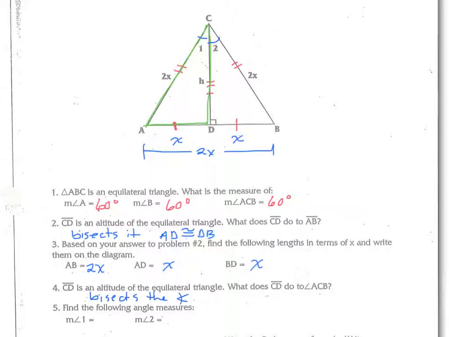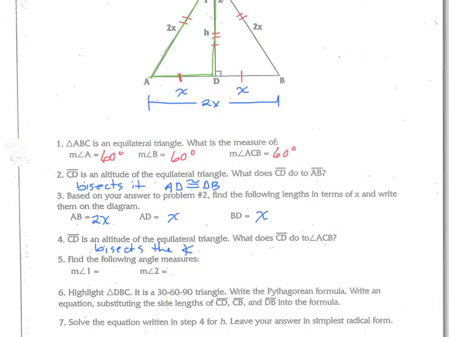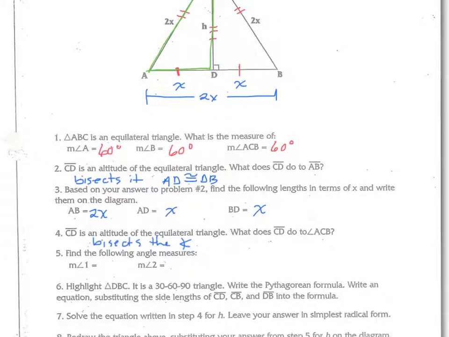So not only does that altitude bisect the opposite side, remember it also bisects that angle. Based upon that, find the following angle measures. To yourself, what is angle 1 and what is angle 2? They equal 30 degrees and 30 degrees.